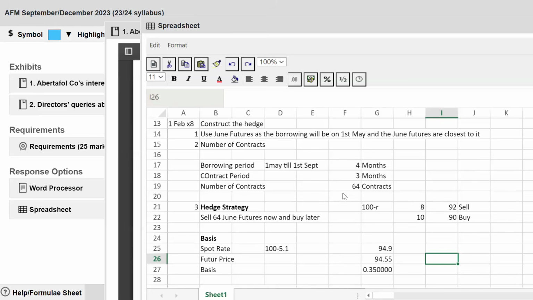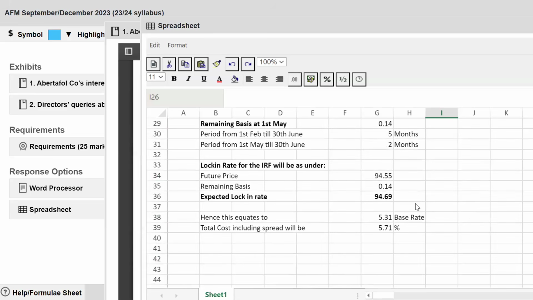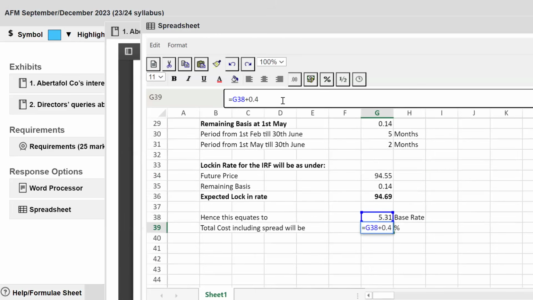Okay, now are you all okay till here? Now the remaining basis and all that calculation, can you just look at it? When you were asking how we got 5.71, see, we can borrow at the base rate plus 0.4, that is, base rate plus 40 basis points.